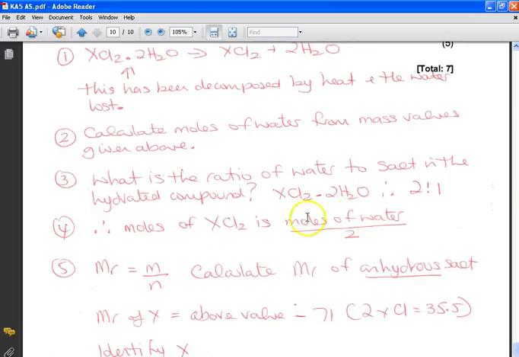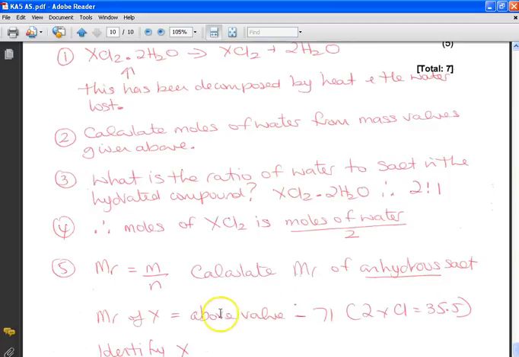Okay, so we've got our moles of XCl2 now. So it's pretty straightforward to calculate the molar mass. Yeah, we take the value that we've worked out, the moles. We have to take off 71 because we're looking for X. 71 obviously is the molar mass of 2 chlorine atoms.